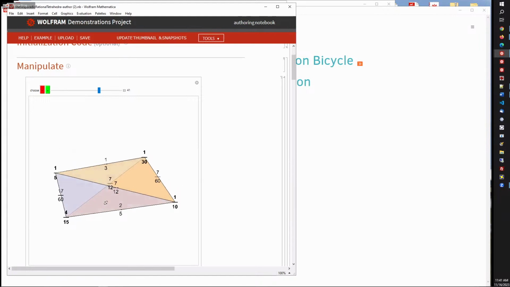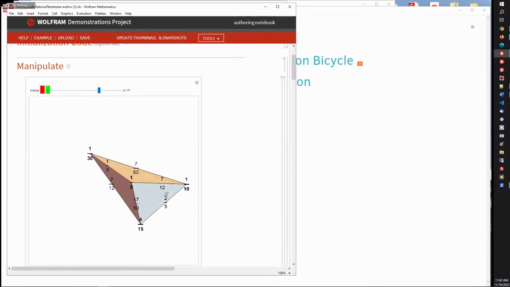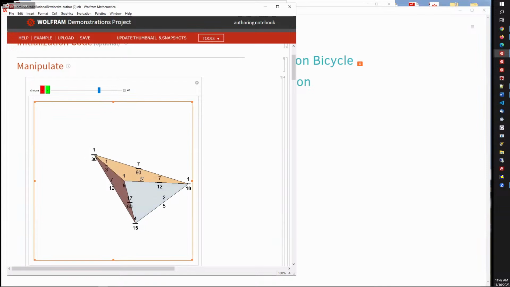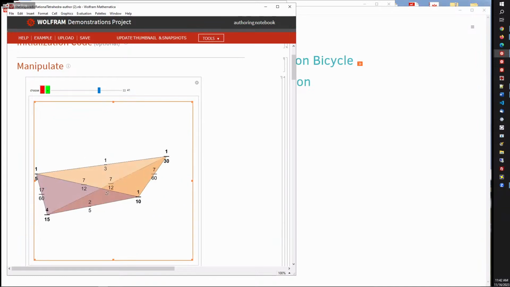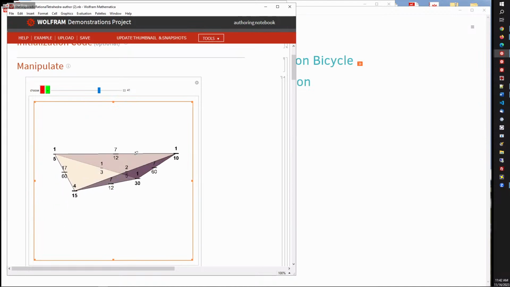Now, one interesting item is, if you know these dihedral angles and you take their sum, multiply that by 2, and then subtract the sum of the solid angles at the vertices. So this solid angle here is 1/5 pi. This is 1/10 pi. Twice the sum of the dihedral angles minus the sum of the solid angles is 4 pi.